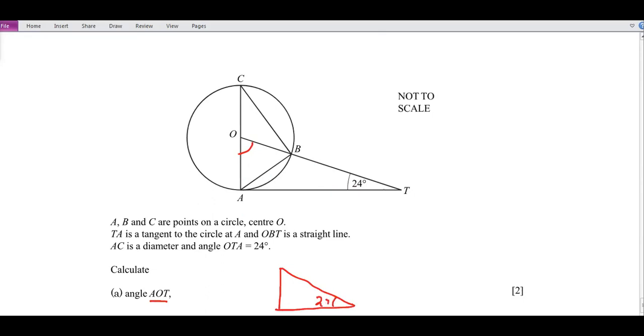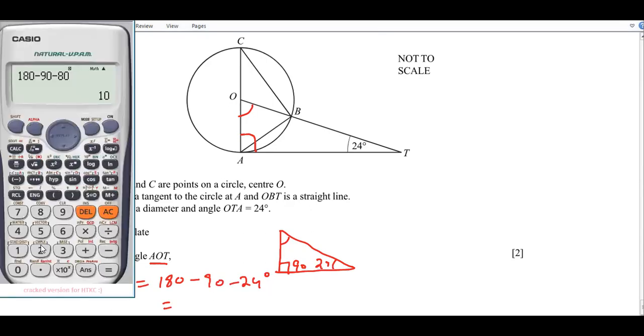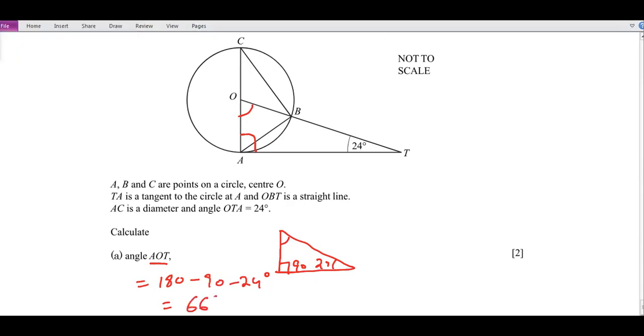We know that AT is tangent, so this angle is 90 degrees. AOT will be 180 minus 90 minus 24, because in a triangle the sum of three angles should be 180 degrees. So it will be 66 degrees. So this angle is 66 degrees.